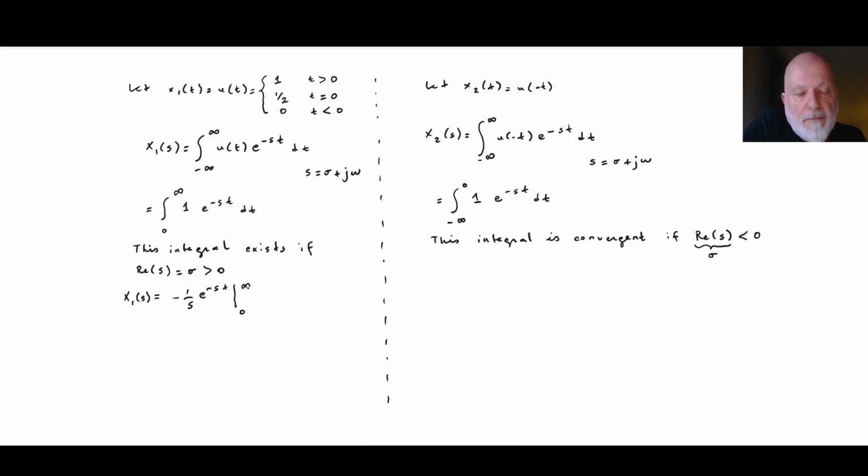So the limit when t tends to infinity will be 0. So we have 1 over s. So x1 of s is 1 over s. Therefore, the Laplace transform of u of t is 1 over s.